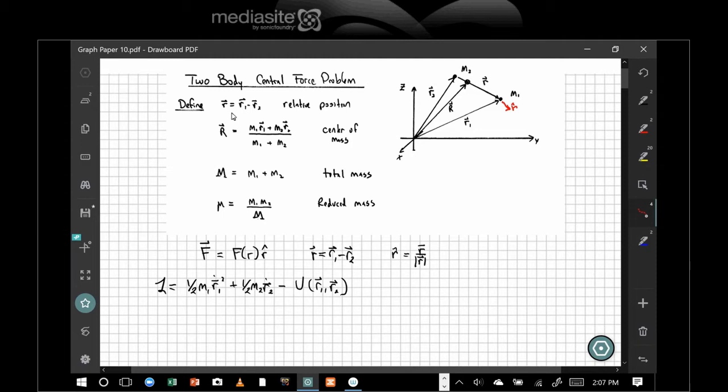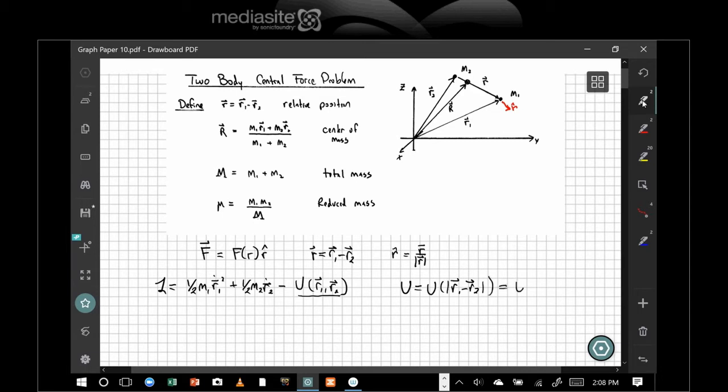The other thing that allows me to do this is that the force is central. Again, this is my definition of a central force here. I would expect the form of my potential energy, well, here I wrote it as very generic, but really U is going to be a function of the difference between the two, or more specifically, the magnitude of the difference.